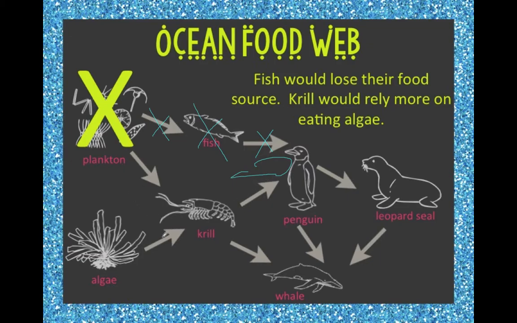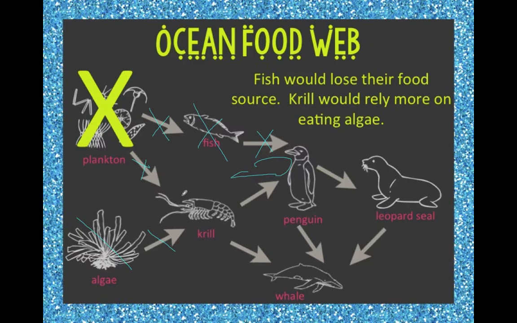But this is also going to be hindered because with the plankton no longer giving energy to the krill, they are going to rely more on algae. So the population of algae is going to be decreased, which means the level of energy to the krill is going to be decreased.